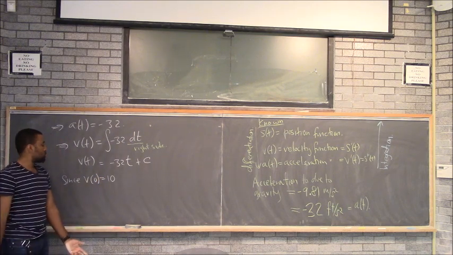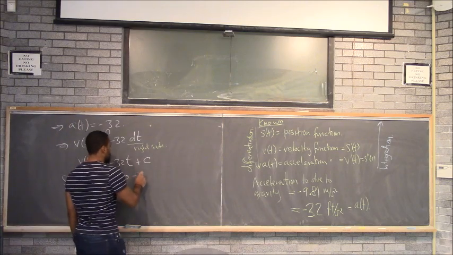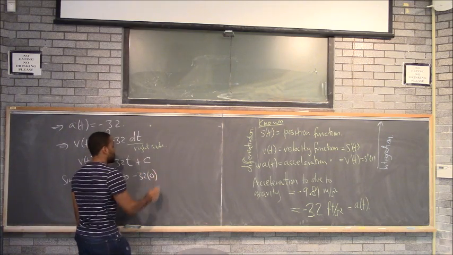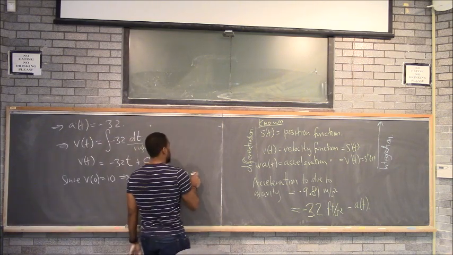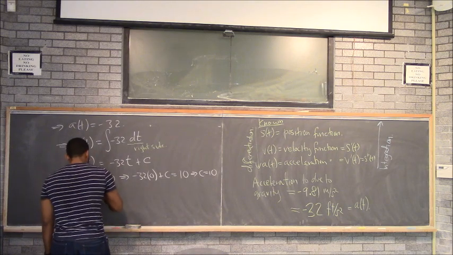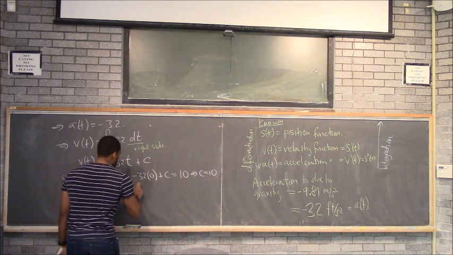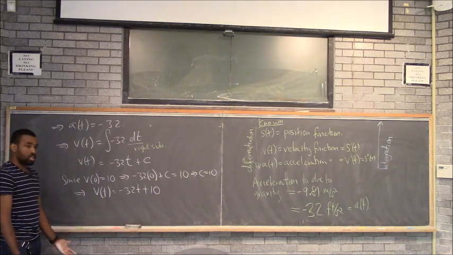We know that it was thrown off the cliff at 10 feet per second. This means that if I plug in 0 here, the result would be 10. This means that my c is 10. So my velocity function is actually minus 32t plus 10. That's the velocity function.